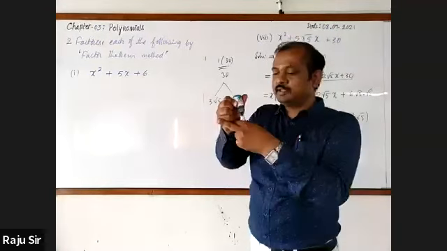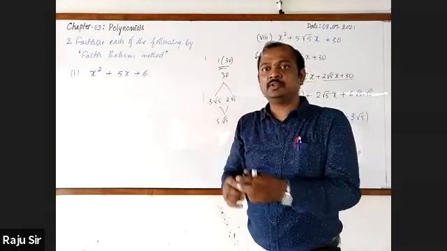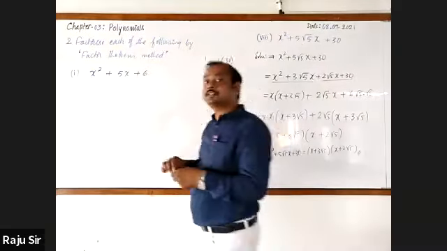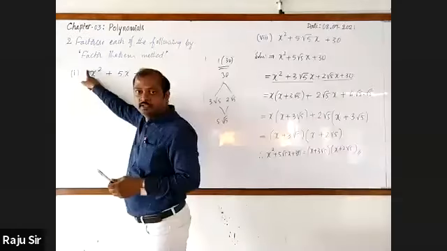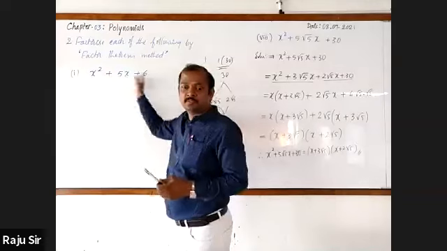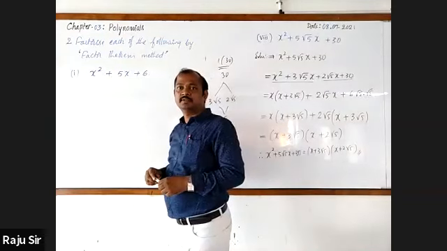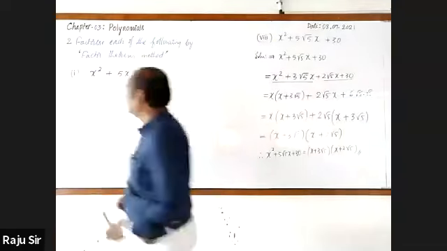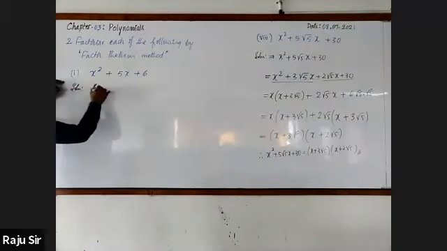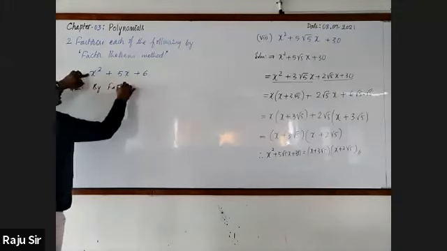Dear students, in factor theorem method also, we will multiply the first and last constant. Here is 1 and here is 6. What is the product of those numbers? 6 only. Solution, by factor theorem method.